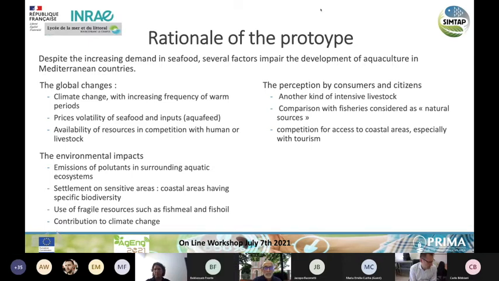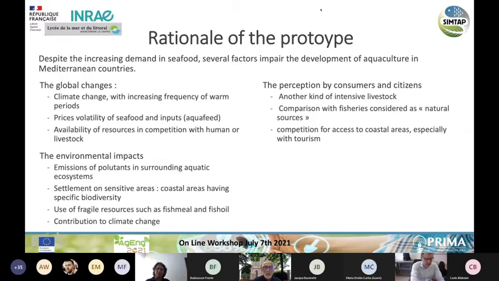There are also the environmental impacts, such as the emission of pollutants in the surrounding aquatic ecosystems, the settlement of the activity on sensitive areas, such as coastal areas having specific biodiversity, the use of fragile resources, such as fish meal and fish oil, and the contribution to climate change.